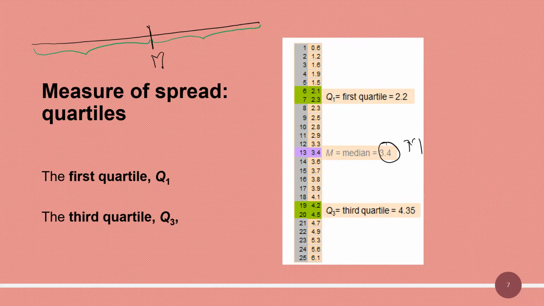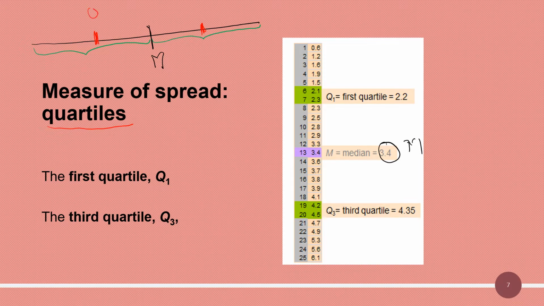For these two sets, it is easy to pick the middle term. Say the middle term for the left side is this, and the middle term for the right one is this. These 3 points divide the whole data into 4 equal parts, and that's why those 3 points are called the quartiles.